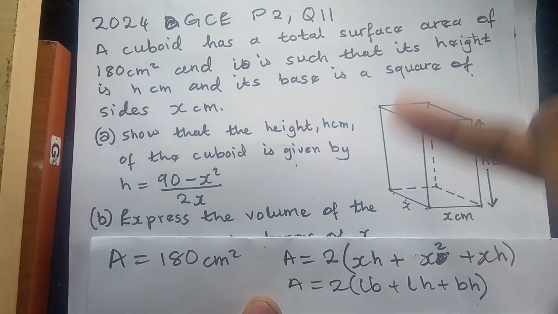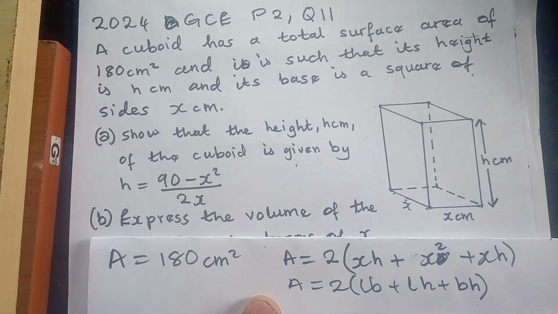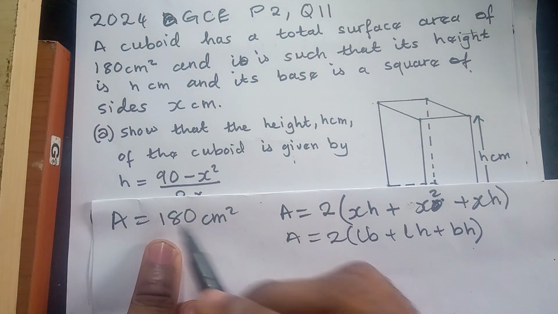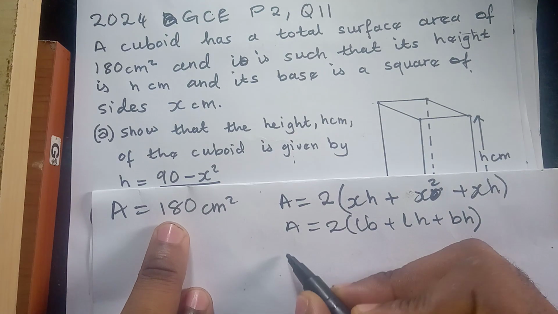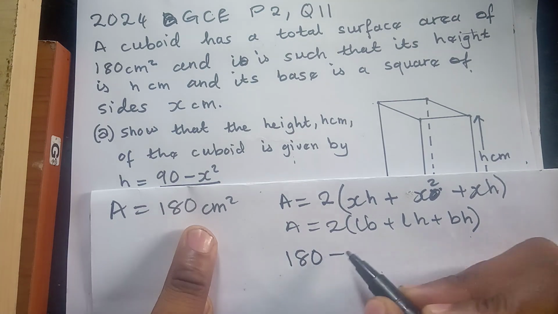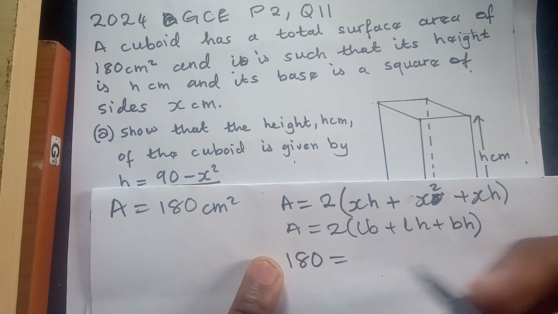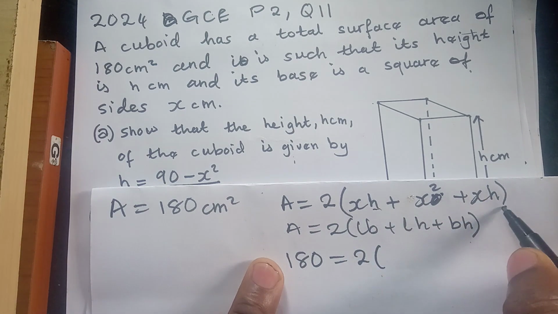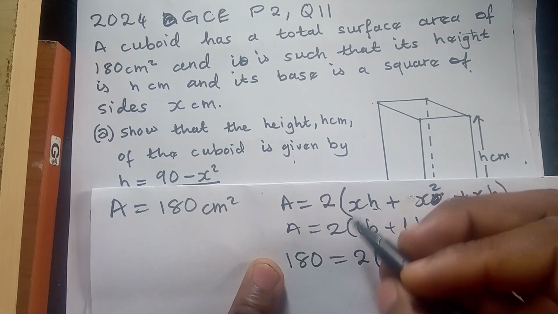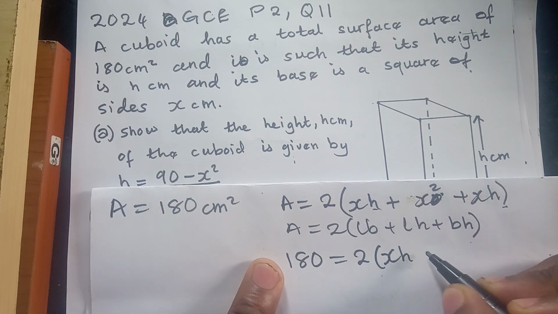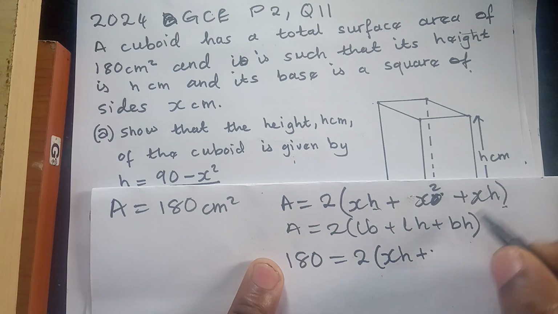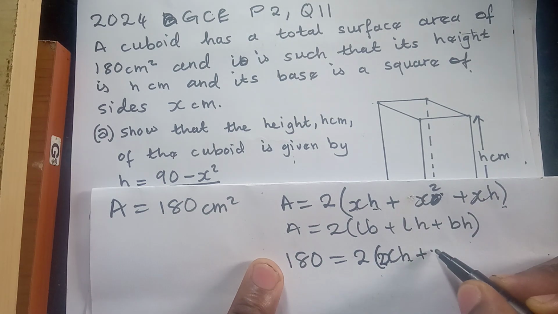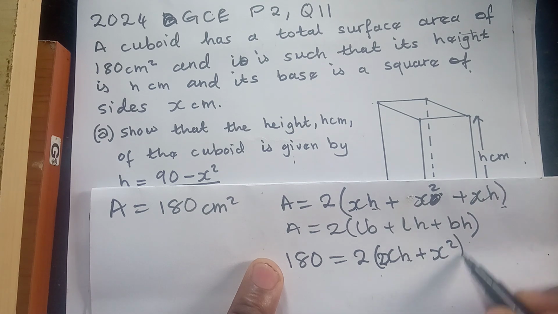You just need to find the area of 3 faces, multiply them by 2, then you have the total surface area. So our A is equal to 180. Let's forget about the units for now. And then we have a 2. We can simplify the variables in the brackets. This plus this will give us 2xh and then plus x squared.